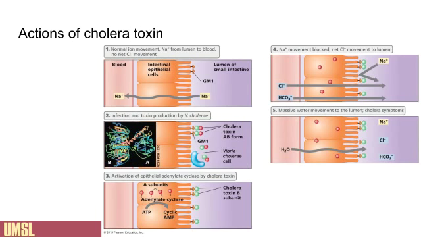So dealing with cholera, it is generally a self-clearing pathogen. It's just that the intense water loss that happens as a result of the activity of this toxin makes this extremely dangerous for us, and really for children.